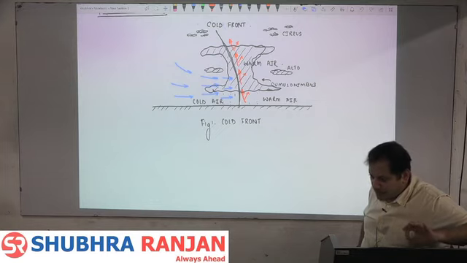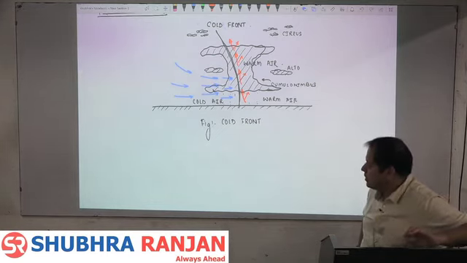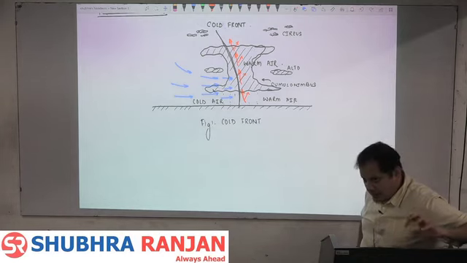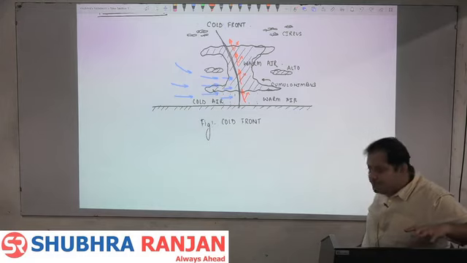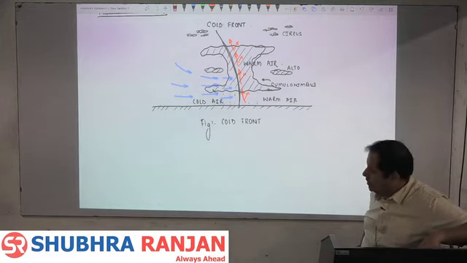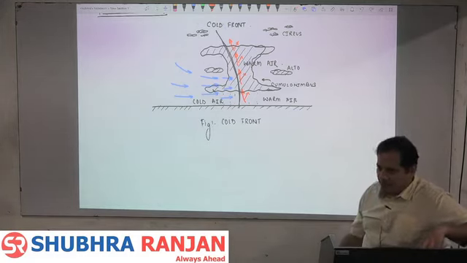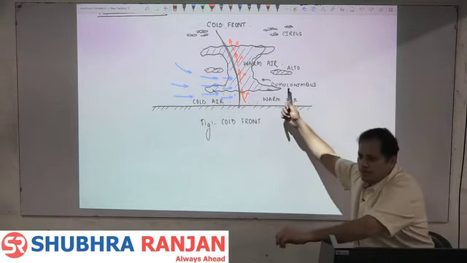Wind speed or wind velocity increases in the warm sector. This is a warm sector.